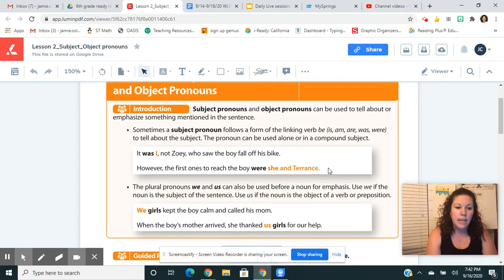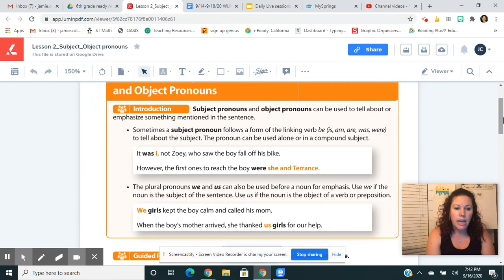The next sentence says, however, the first ones to reach the boy were she and Terrence. So we're talking about compound subjects in these examples. It was I, not Zoe, is a compound singular, and here's a compound plural, she and Terrence. We're now telling about something or emphasizing here.